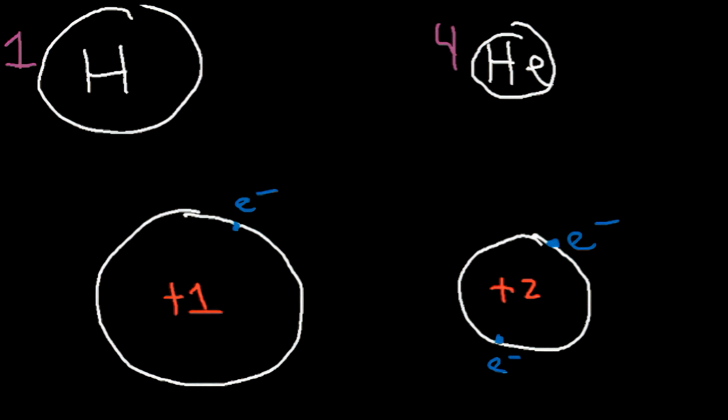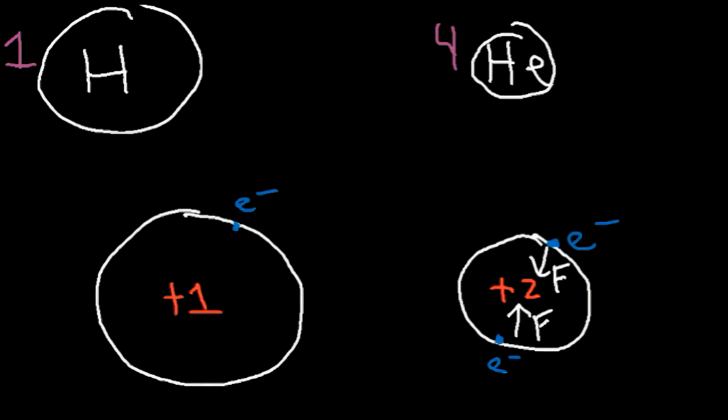So because the nuclear charge of helium is greater than that of hydrogen, the force of attraction between those electrons and the nucleus is much larger in helium. As a result, the size of the electron cloud shrinks as those electrons are brought closer to the nucleus. And that's one reason helium is smaller than hydrogen, even though it has a greater atomic mass. Because the charge of the nucleus increases, the size decreases.